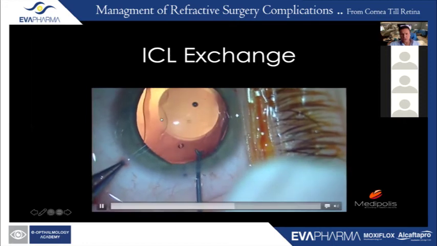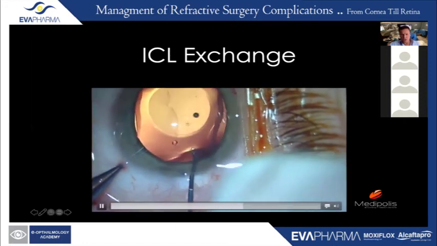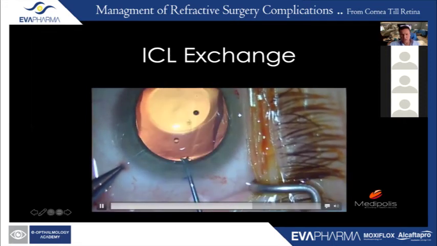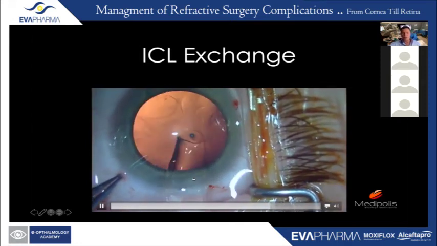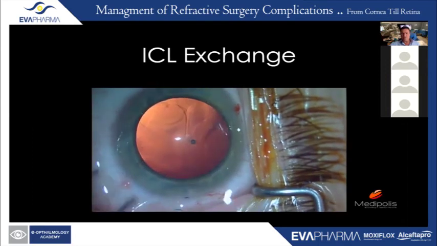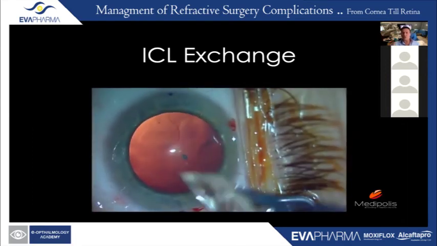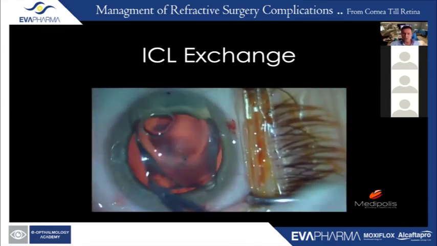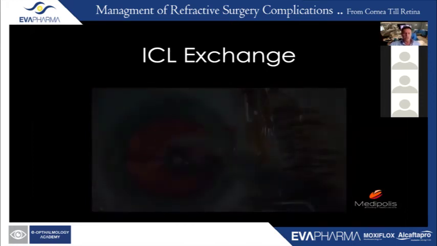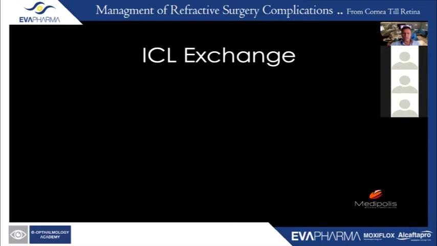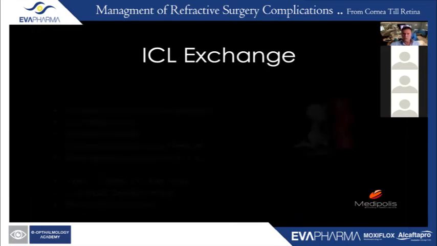I try just not to touch the optic zone, just the rim and the haptics. Then I go under the ICL, I go a little bit upward, and I pull the ICL out of the eye. I refill with methylcellulose, and I introduce the new ICL. So it's a very elegant method, and it works in all cases very elegantly in, let's say, 1 to 2 minutes of surgery.